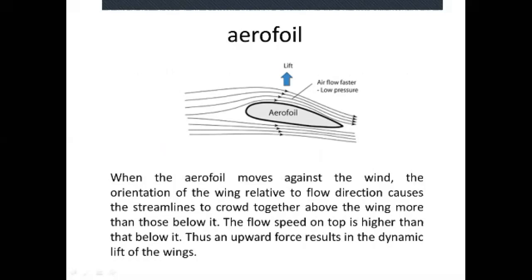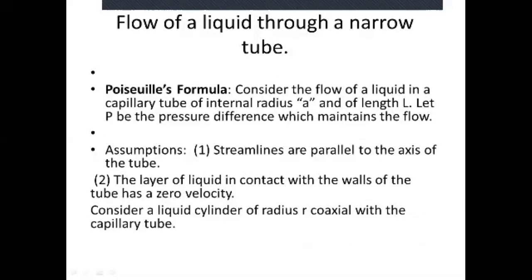When the aerofoil moves against the wind, the orientation of the wind relative to the flow direction causes the streamlines to crowd together at a particular point, and the flow speed on the top will be higher than that below it. Thus, an upward force will result, the dynamic lift of the wings. The parts of an aeroplane have the shape of an aerofoil.